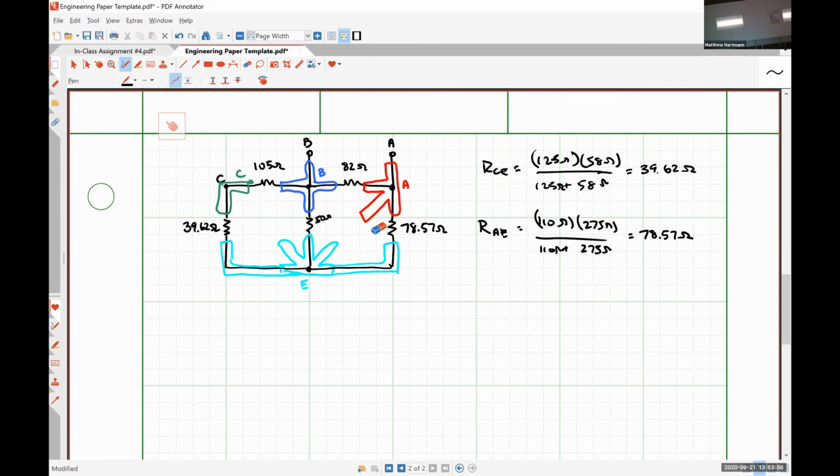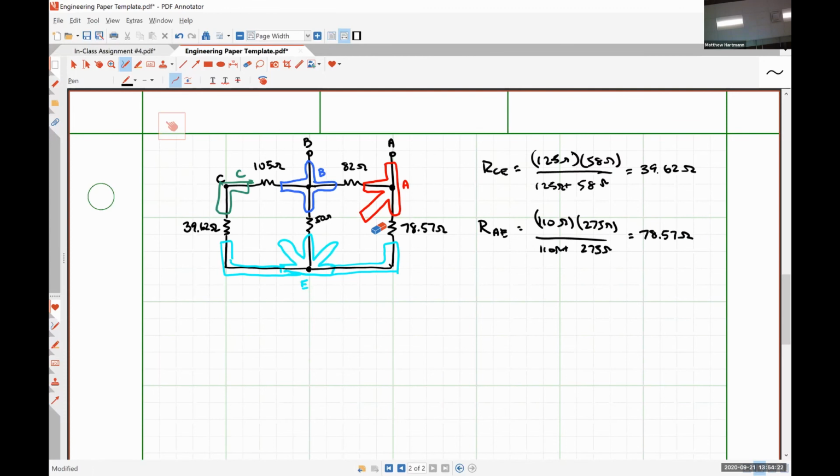So let's see what we've got going on here now. So node C is now a single point of interconnection between the 105 ohm resistor and the 39.62 ohm resistor, right? So that means that they're in series.